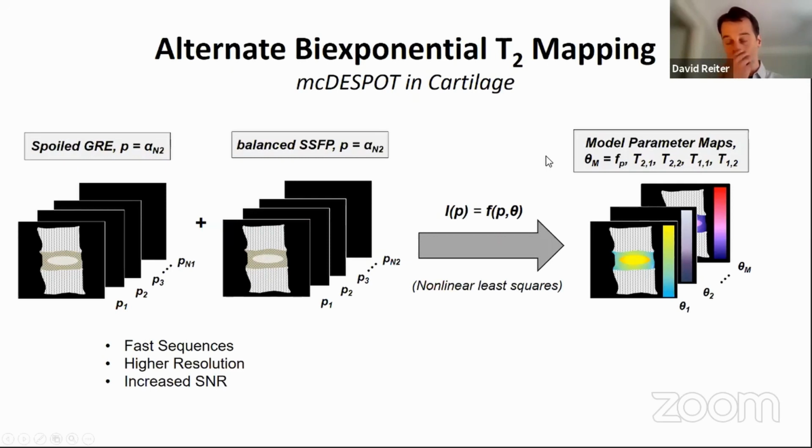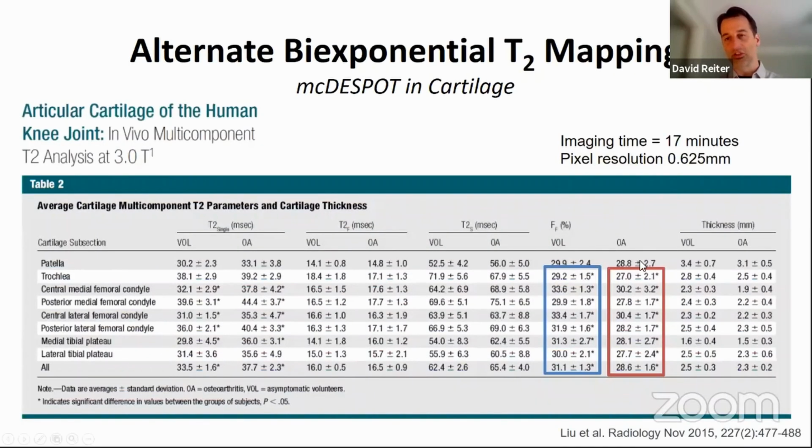This was originally developed for myelin mapping in the brain, but has been extended to studying cartilage, and has shown in some studies to be sensitive to changes in cartilage with osteoarthritis, as shown in this study by Liu et al.